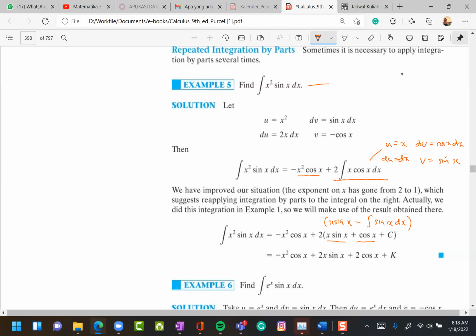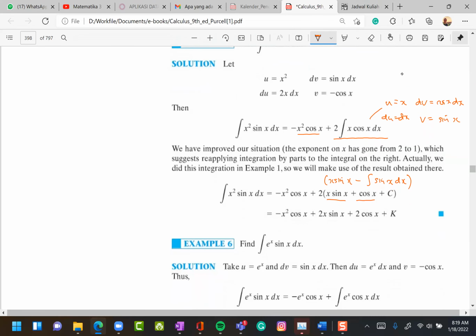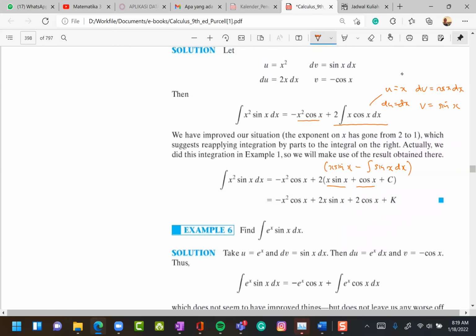The integral of sine x is just negative cosine, so it makes this positive. Okay, so this is what we have, applying integration by parts twice.